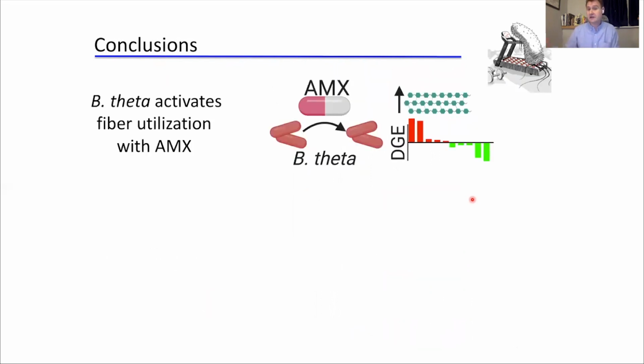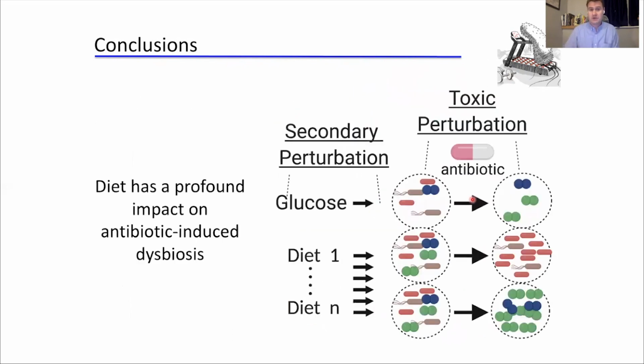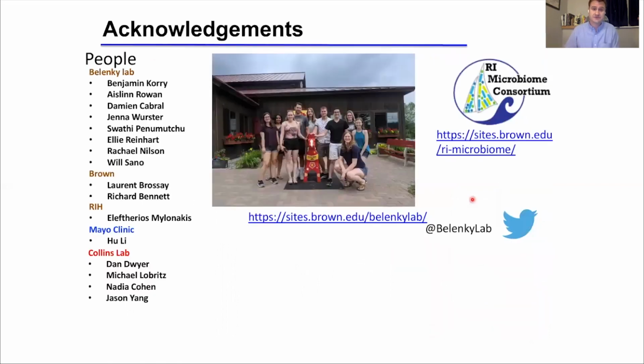In the case of B theta, it activates fiber utilization. That appears to be protective. And then fiber is protective both in the microbiome and in vitro. And the main point is that changing our diet will change the susceptibility of the microbiome to antibiotics. And that's an important next step in my research.